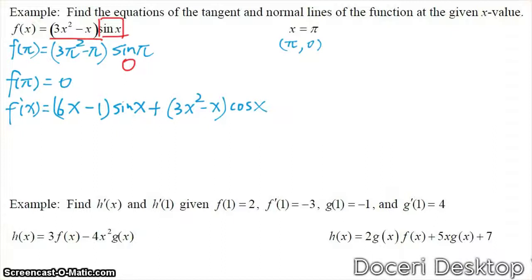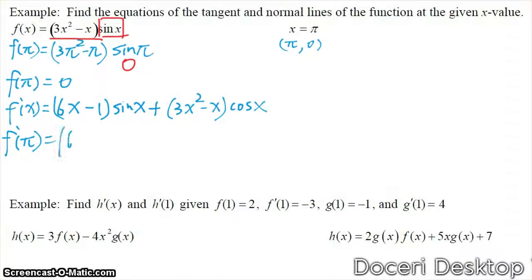Now, what else can we do? Nothing. But we know we need to find the slope at that point, correct? So we need to plug in our pi into our derivative.